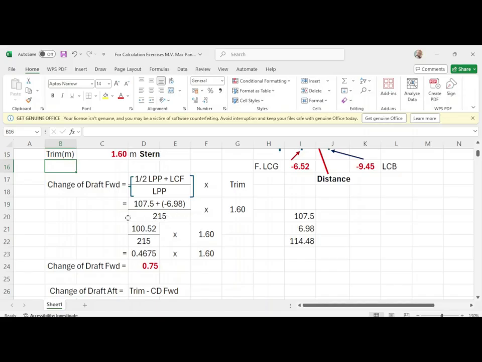Then what you do is you add this LCF to your 1 half LPP. That will be 10.52 over your LPP of 215 times your trim of 1.60. Okay? So divide this one. The answer would be 0.4675 times your trim, and your change of drop will be 0.75. Okay?